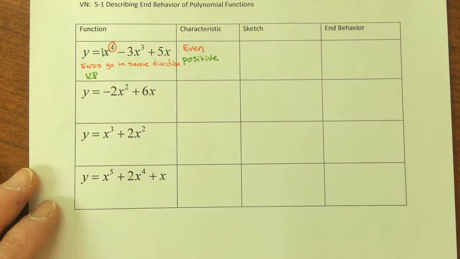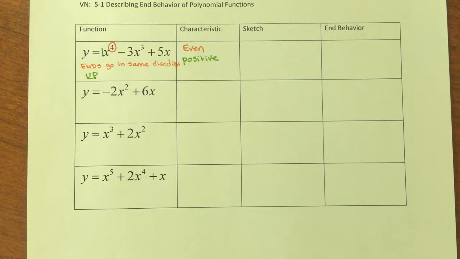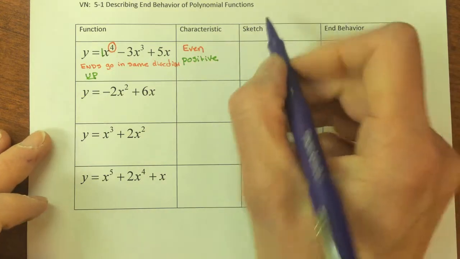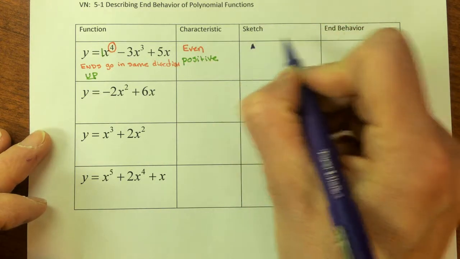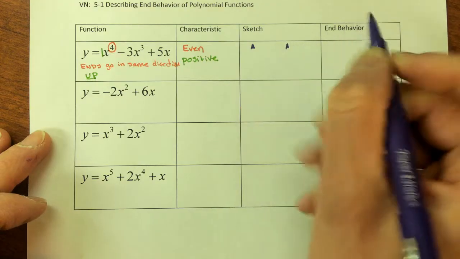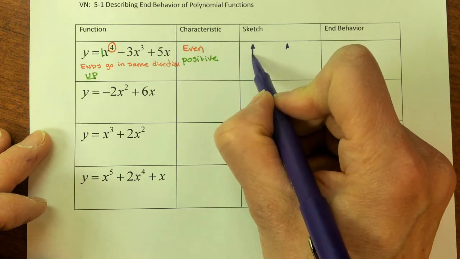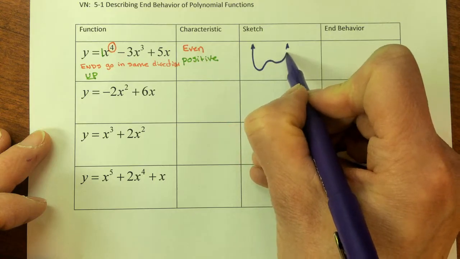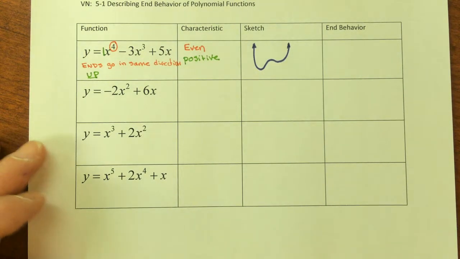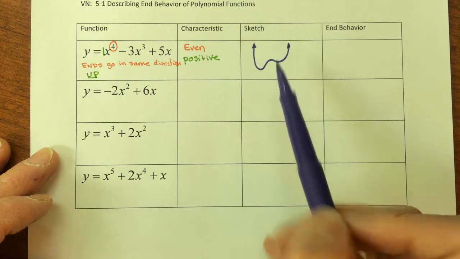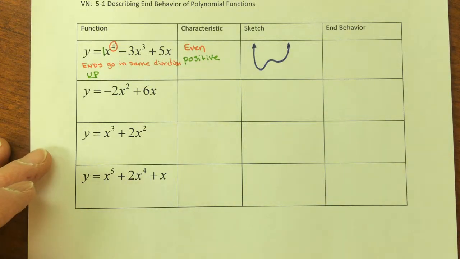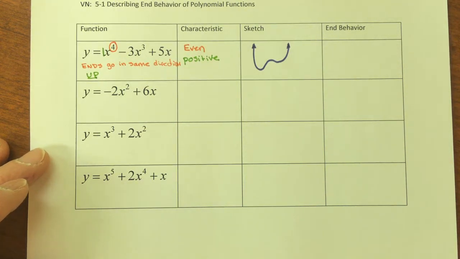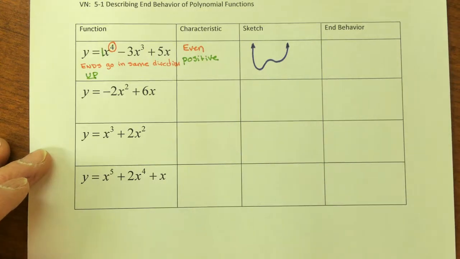So that means when I sketch this, both ends go up, and I'm going to have something that probably looks a little bit like this. That's just a guess. These turns in the middle are just a guess. So we'll talk about turns in the next video.